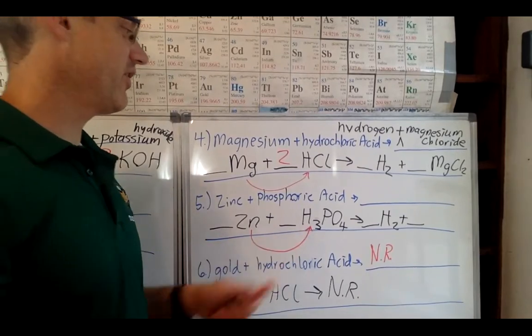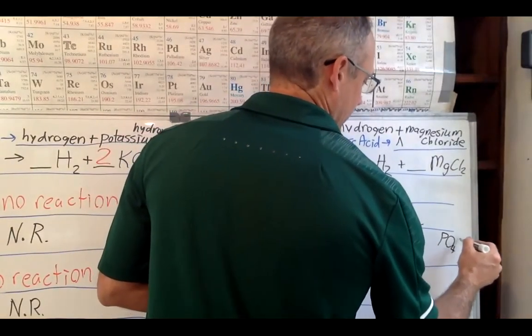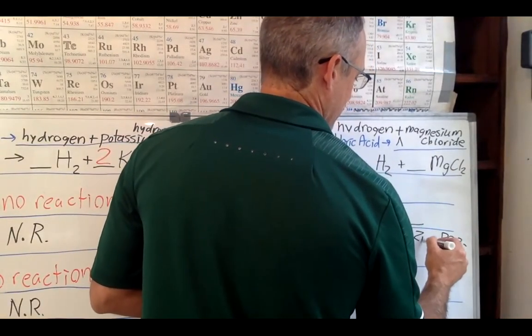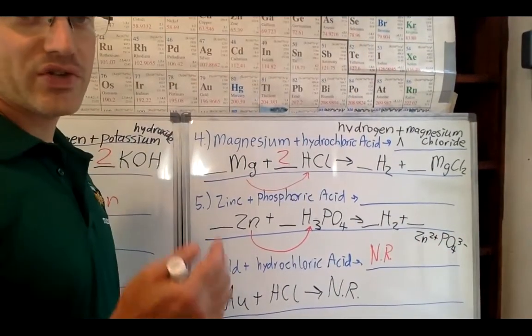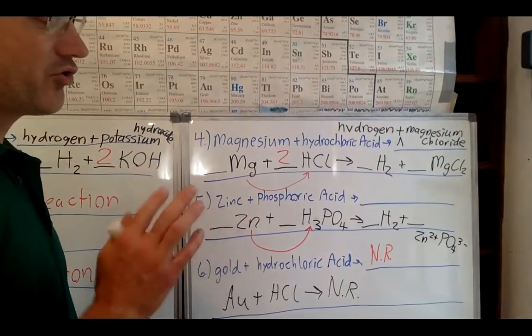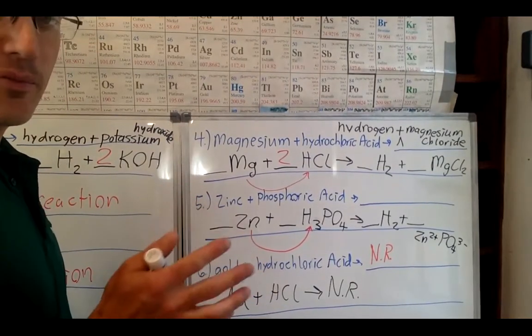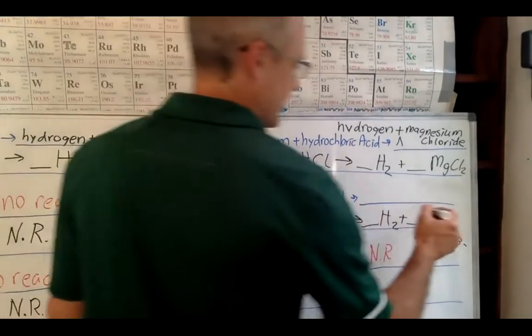The reason this is H3 is because PO4 is a special 3 negative, and zinc is a 2 plus charge. So that's that combination where you have a 2 plus and a 3 negative, and you have to have a common multiple of 6. So we actually need 3 zincs.